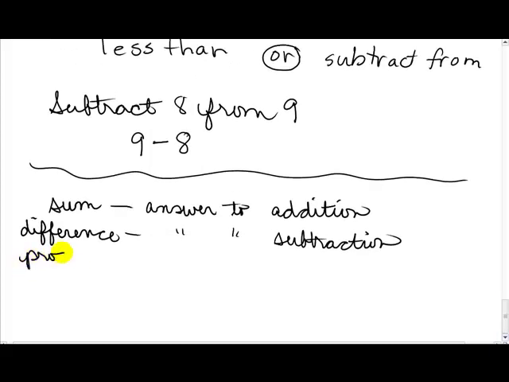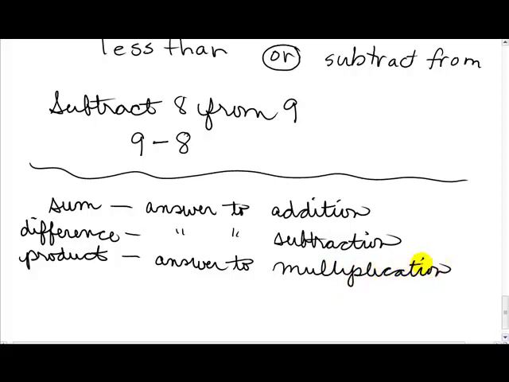Product. That's when we looked at the factors. This is the answer to multiplication. And quotient is the answer to division.